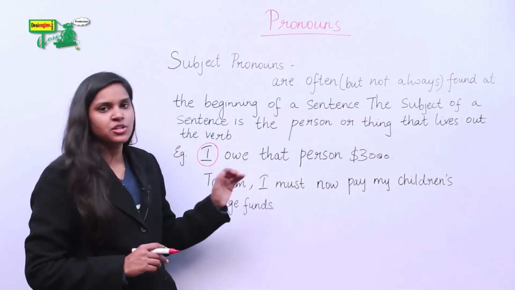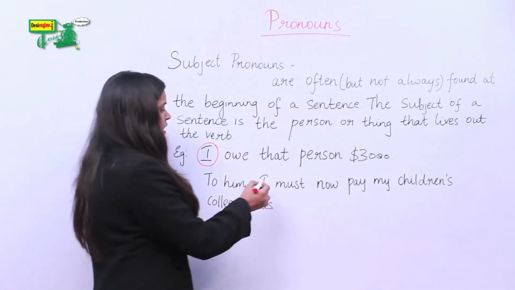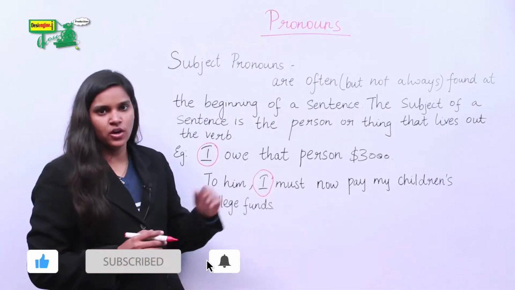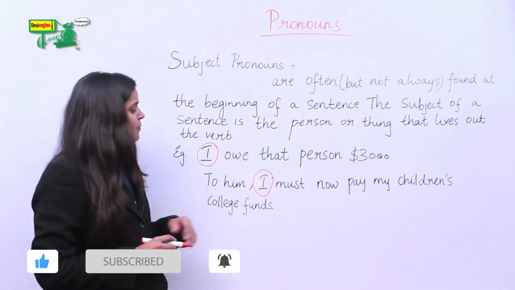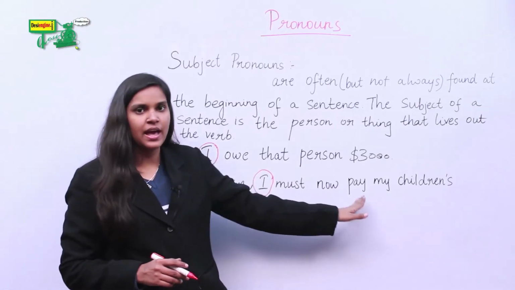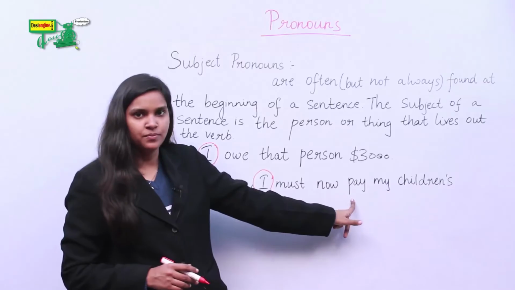Here, the subject pronoun is not found at the beginning of the sentence. Our subject pronoun is I, but we know that the verb is pay and the subject I lives out that verb.